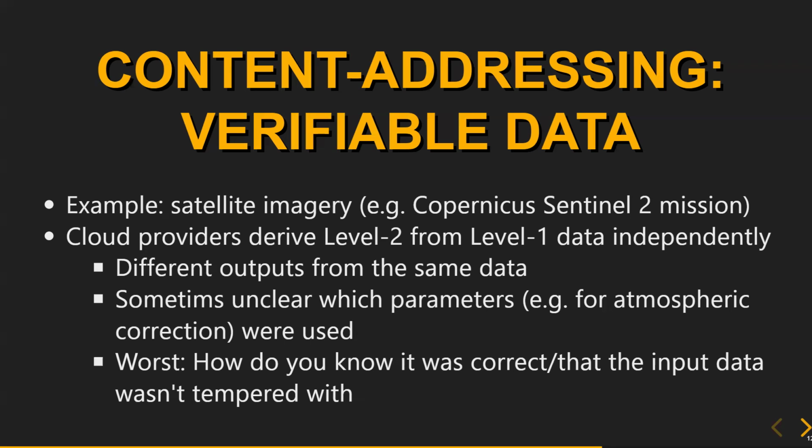The problem is you don't really know what they actually did. Sometimes some publish what they did, sometimes they don't. The problem also is you have different outputs from the same data. If you download an image from the same area from the same time from AWS or from Google, it is kind of the same image, but in the details it's different and you can't really tell.